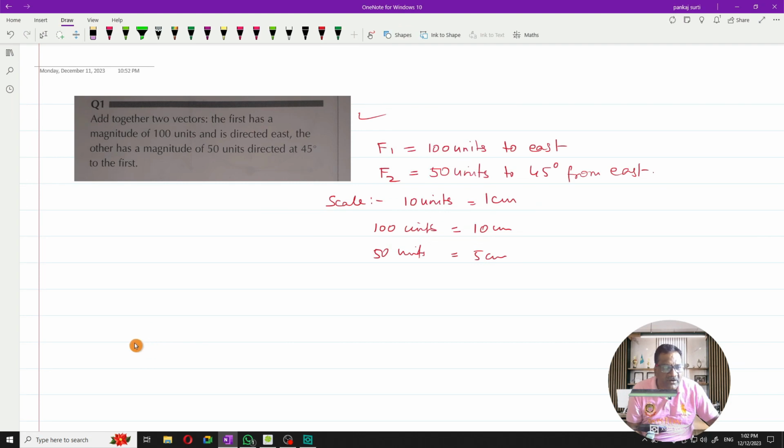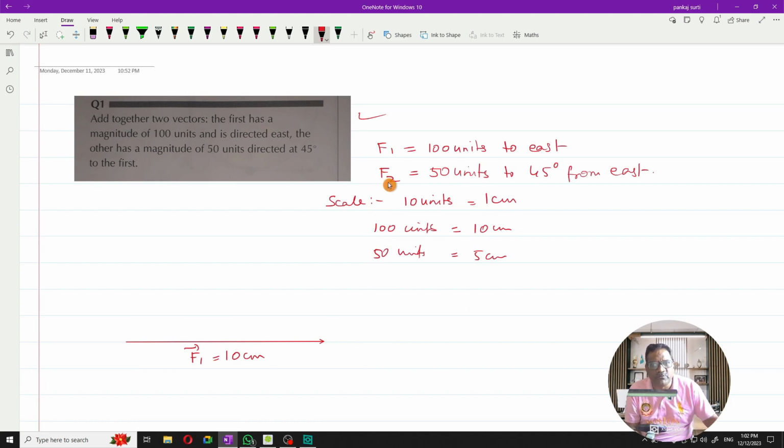I am going to draw a vector, say this is that vector F1, and I'll take 10 centimeters. Why 10 centimeters? Because I have to show the actual vector of 100 units, and according to the scale it should be 10 centimeters, and it is facing towards the east direction.